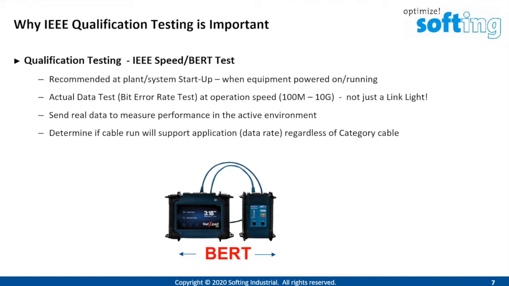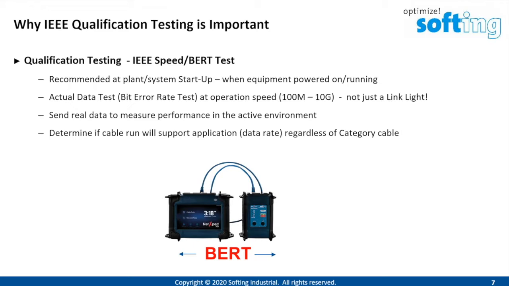Qualification, on the other hand, is actually doing a speed test, a bit error rate test over the cable, preferably at startup or during operations as a troubleshooting method, to show that the cable can independently support the speed of the network.